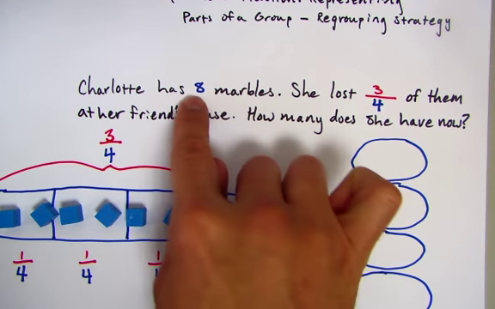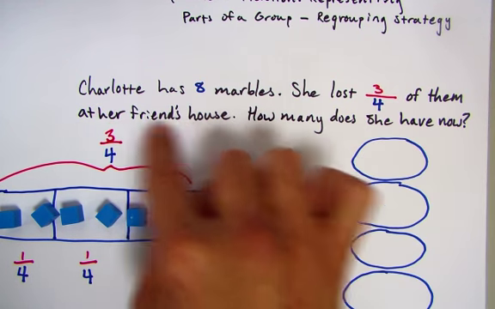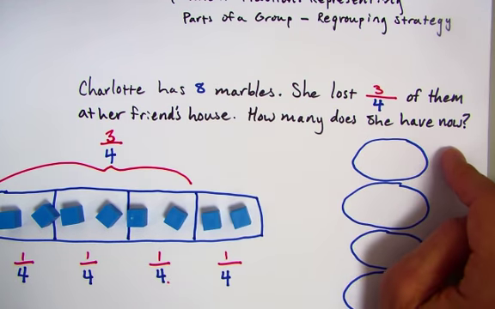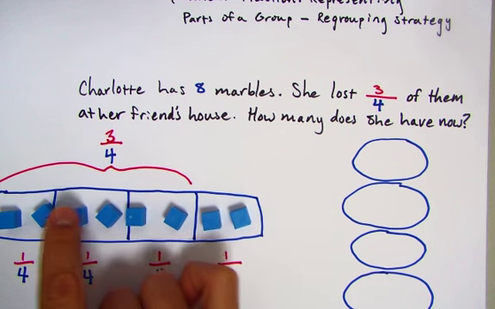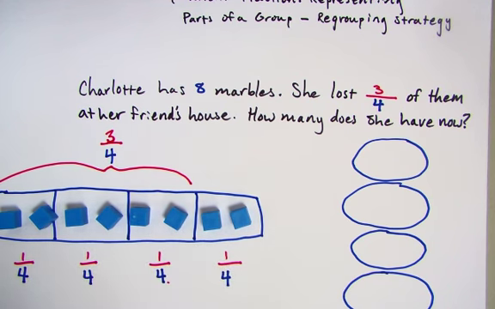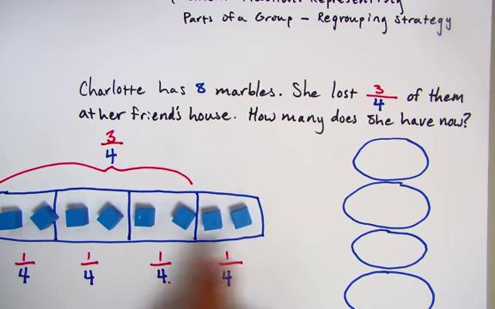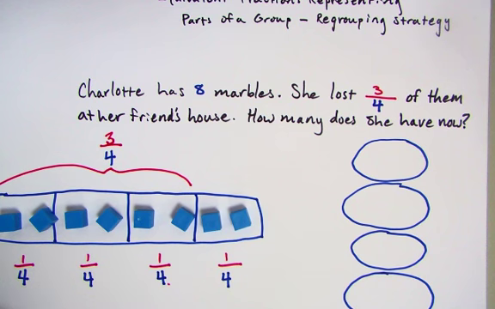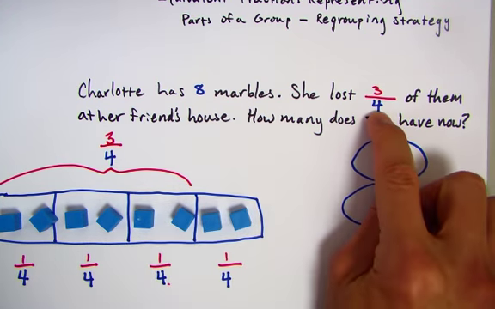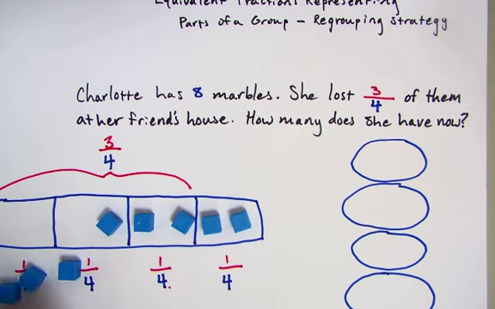So Charlotte has 8 marbles. She lost 3/4 of them at her friend's house. How many does she have now? So we actually lined up 8 marbles with our blocks here. And in order to find 3/4 of these 8 marbles, we have to think of these 8 marbles in terms of fourths, not eighths. Because if we just took these 3 away, that doesn't make sense, does it?